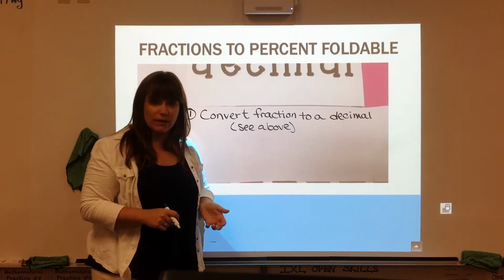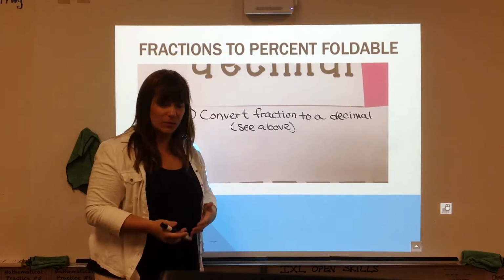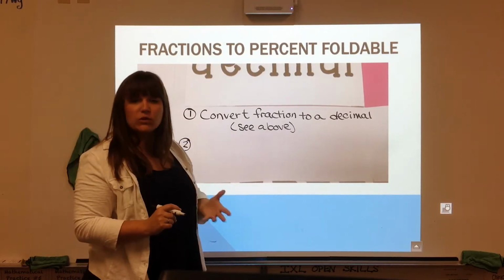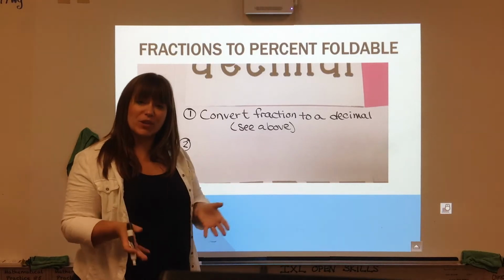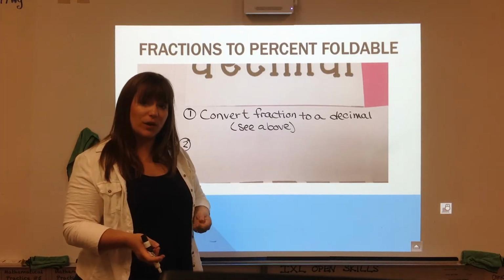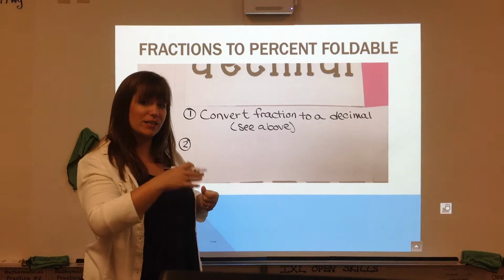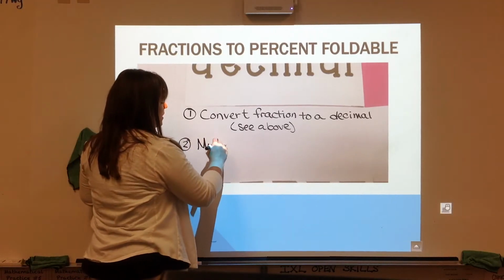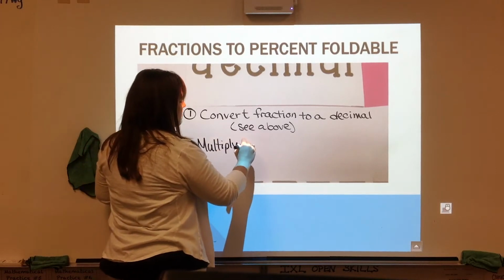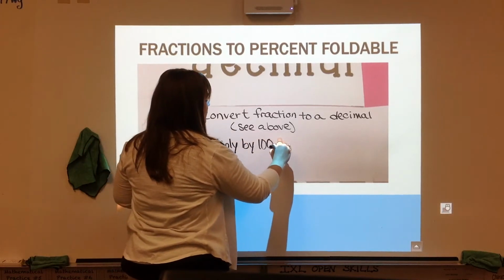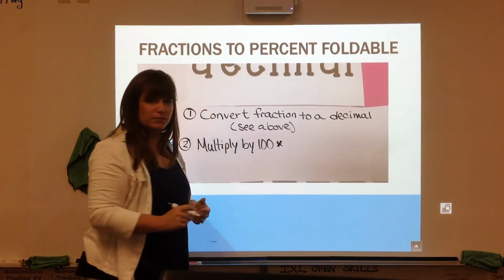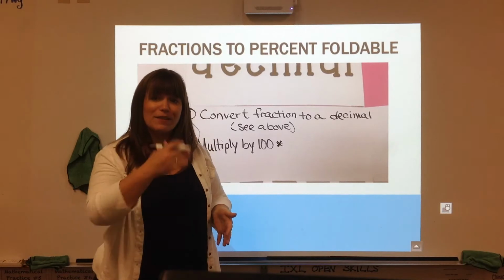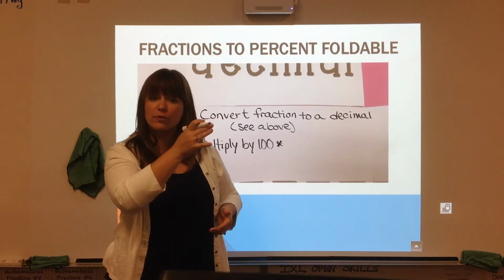The next thing you'll have to do, once you have that decimal, number 2, is we are going to multiply by 100. Remember, percent is dealing with that idea of 100. So to convert a decimal to a percent, we are going to multiply the decimal by 100. However, we don't have to do the traditional methods, because we know when we multiply by a power of 10, the decimal point is the only thing that moves.